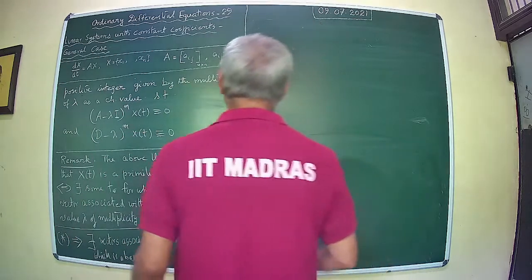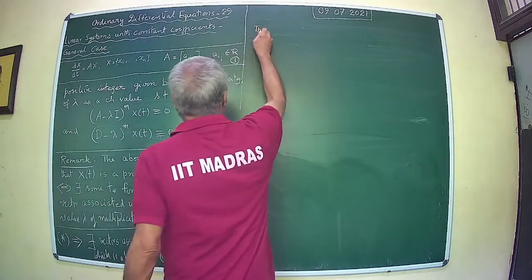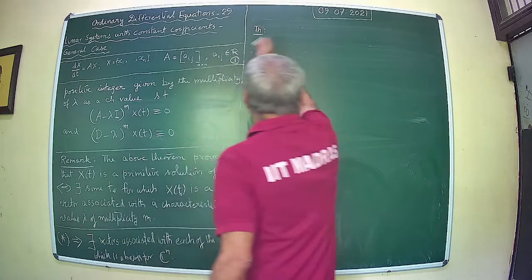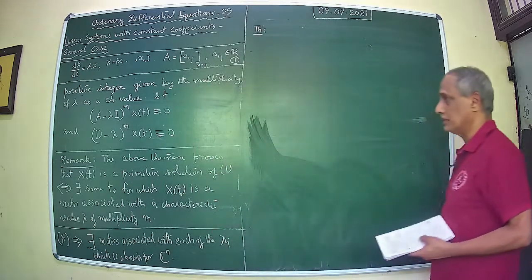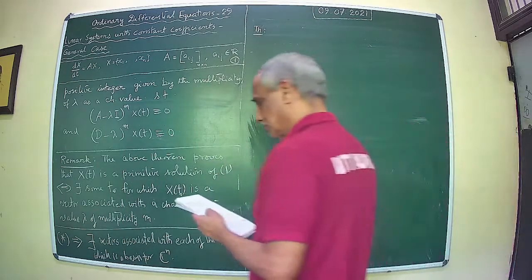So, theorem: how to get the solution from this. Now we use the previous theorem.